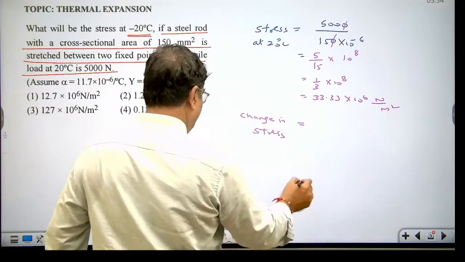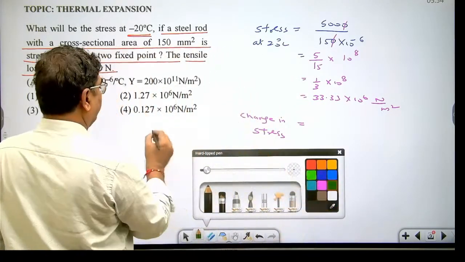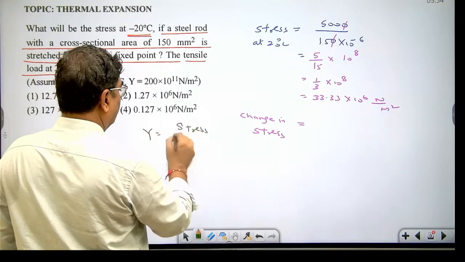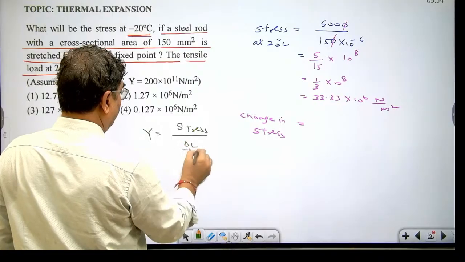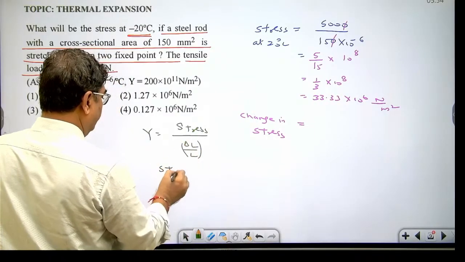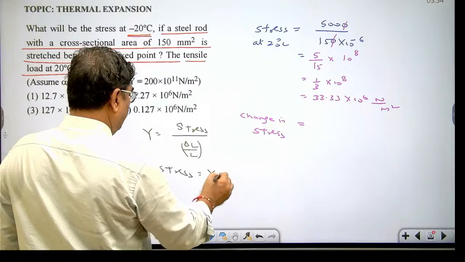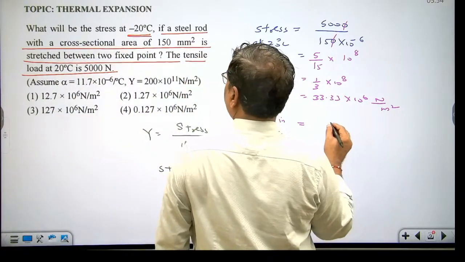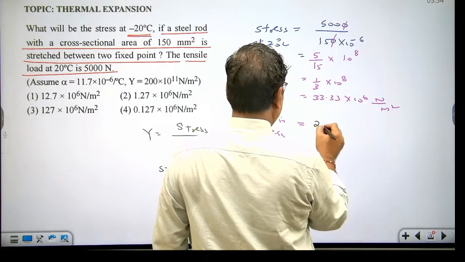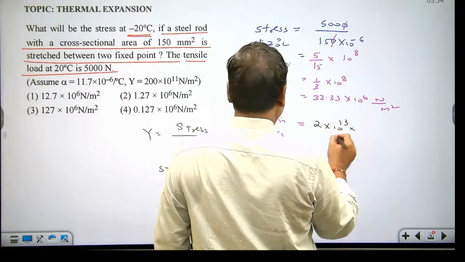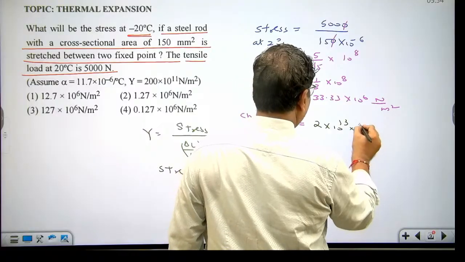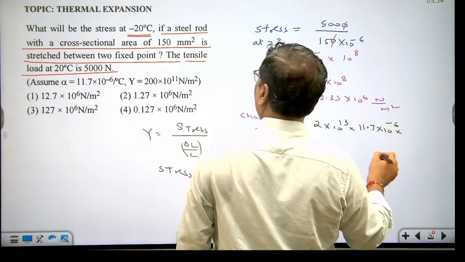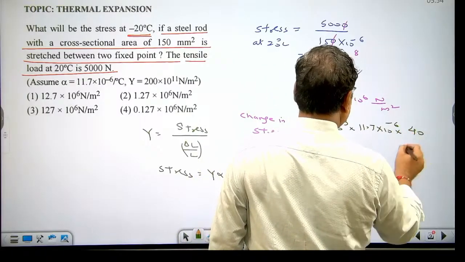Change in stress can be calculated as, see here, the formula is Y equal to what? Stress upon strain. And so stress can be written as Y alpha delta theta. So change in stress can be written as Y is given 2 into 10 power 13, and alpha is given 11.7 into 10 power minus 6, and delta theta is 40. We have to take magnitude, okay?